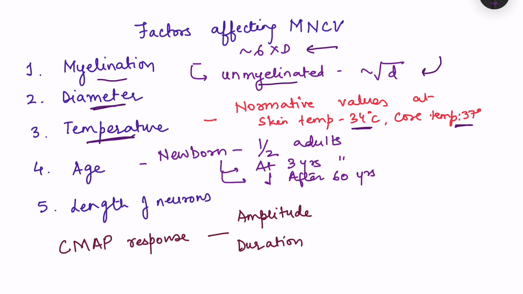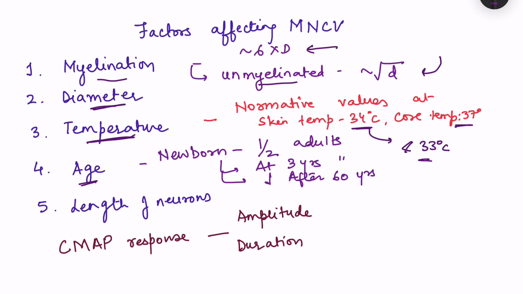For example, for each degree below 34 degrees Celsius, say the skin temperature becomes 33 degrees Celsius, then we have to add 5% to the conduction velocity, right? So that is one mechanism. The other mechanism is that we measure the skin temperature, and if it is lower, then we do skin warming. So these are the mechanisms for correcting the recorded motor nerve conduction velocity.